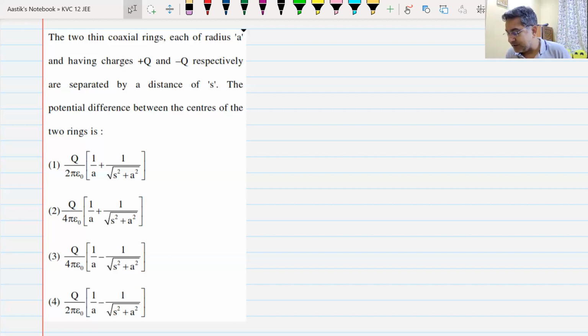Find the potential difference between the centers of the two rings. Will you be able to do this?